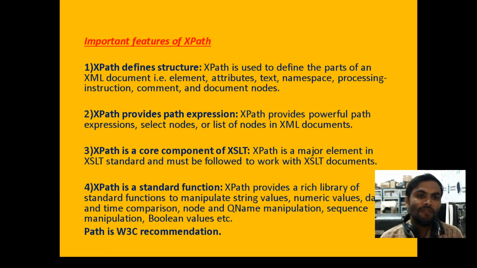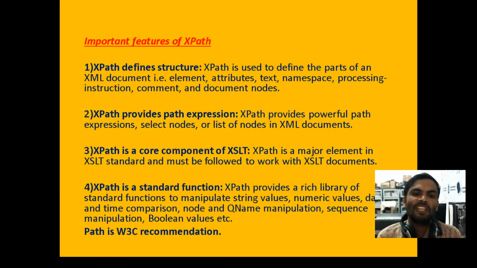Now, what features does XPath have? The main feature of XPath is that it defines the structure. How does it define the structure? XPath is used to define the parts of an XML document. Just now I said that in the document we have n number of elements.